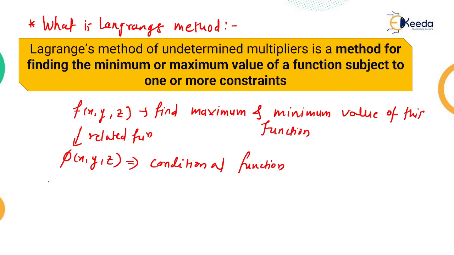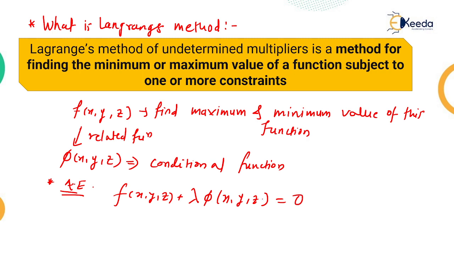Also, you have to write what the auxiliary equation is in Lagrange's method of undetermined multipliers. The auxiliary equation can be written as f of x y z plus lambda into phi of x y z equal to 0. Note what lambda is.